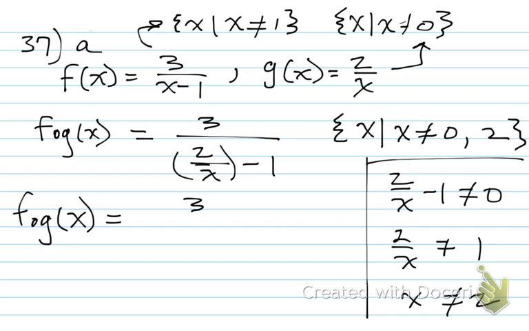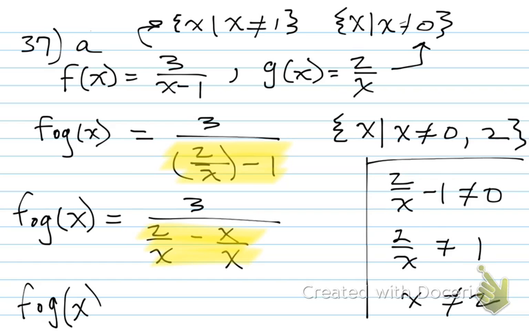So from the algebra side of it, now we're just going to work on simplifying the denominator, cleaning everything up, and just follow through with the math here. All right, so here I have 3 over 2 minus x over x, because just like with any fraction, you always have to have a common denominator.